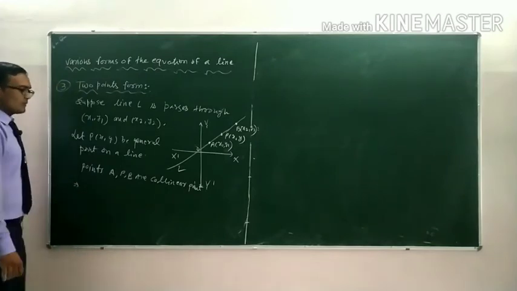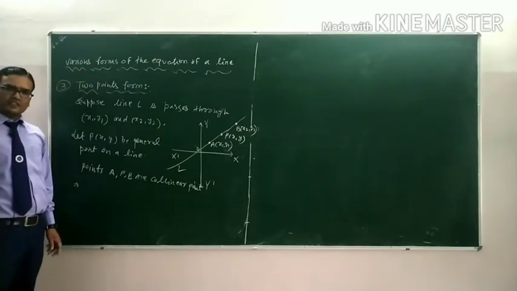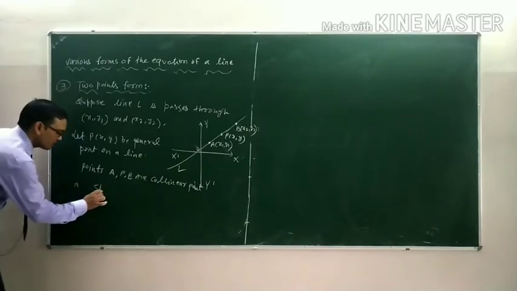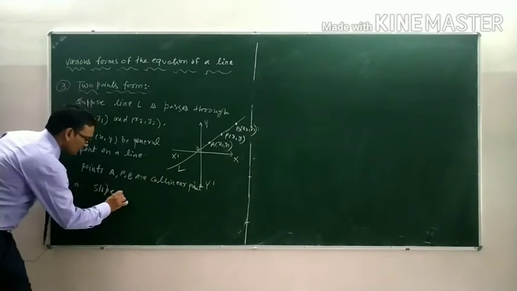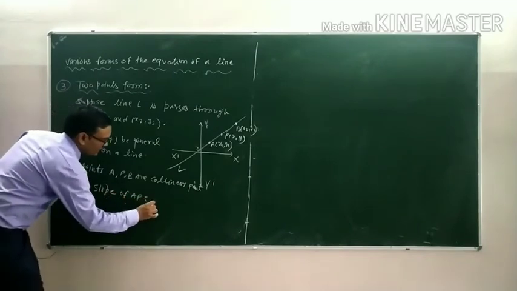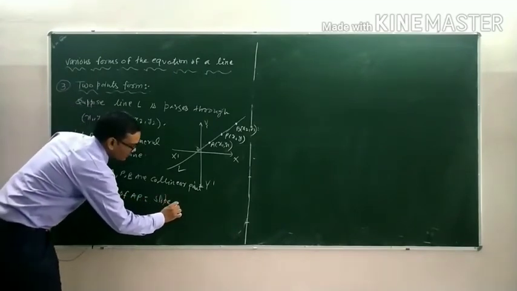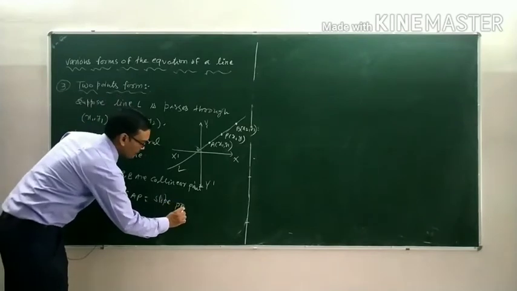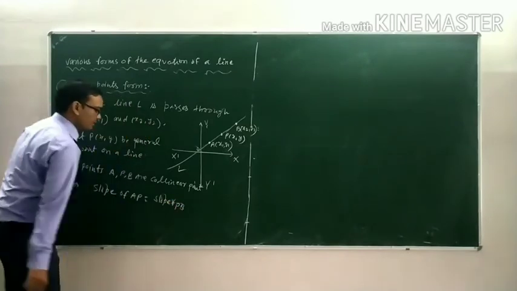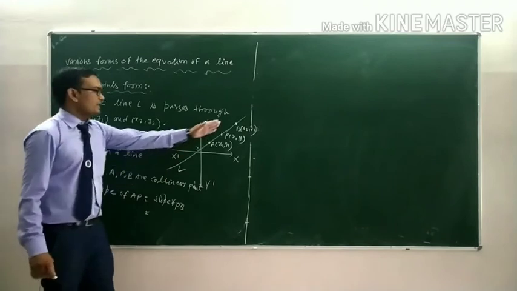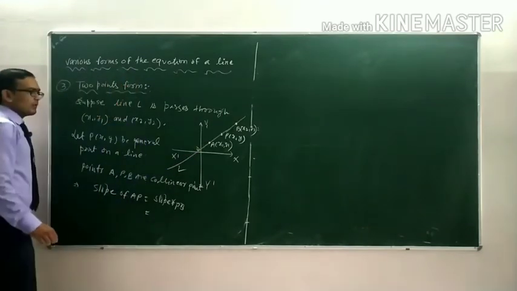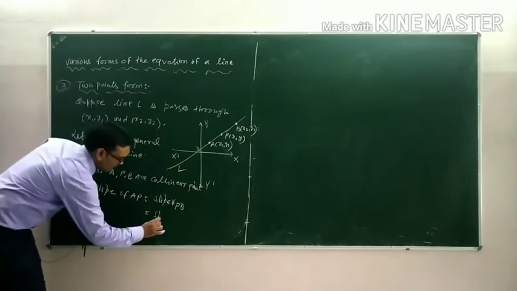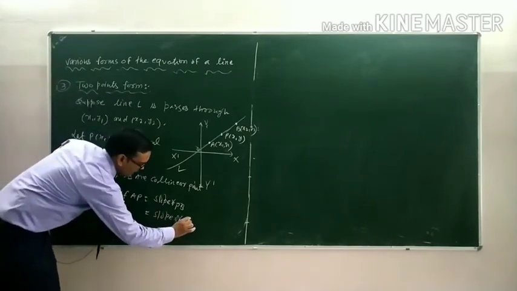Then, as we have already studied in a previous lecture, the slope of AP, the slope of PB, and the slope of PB is the same as the slope of AB.